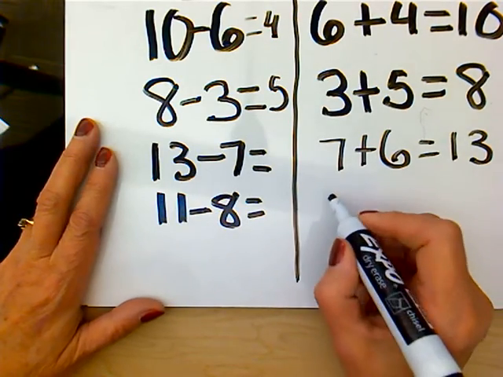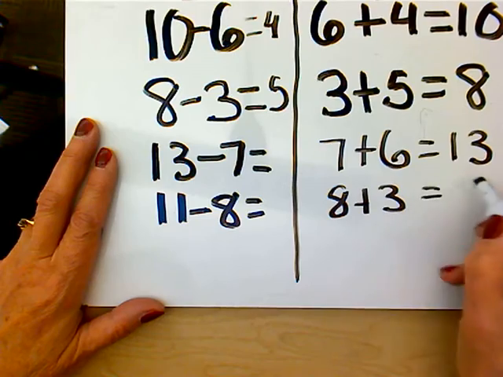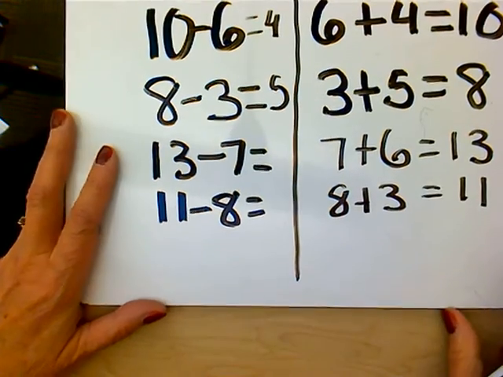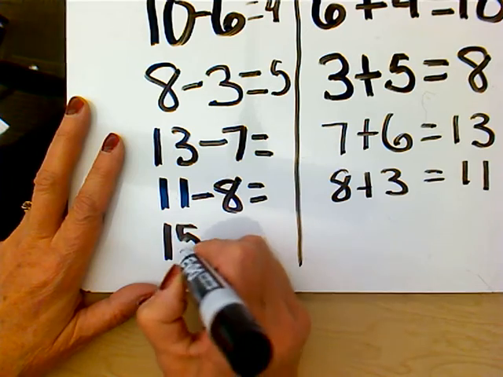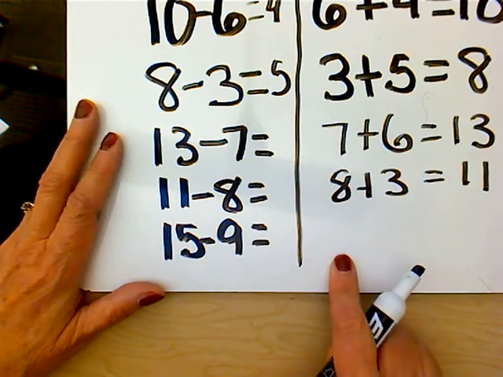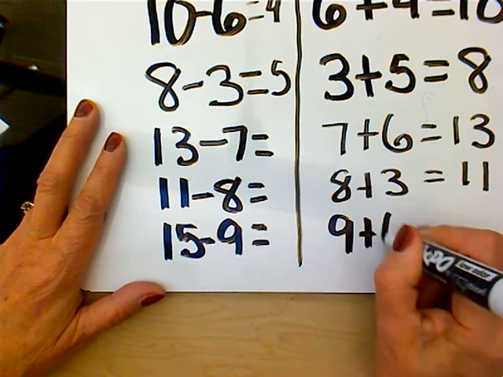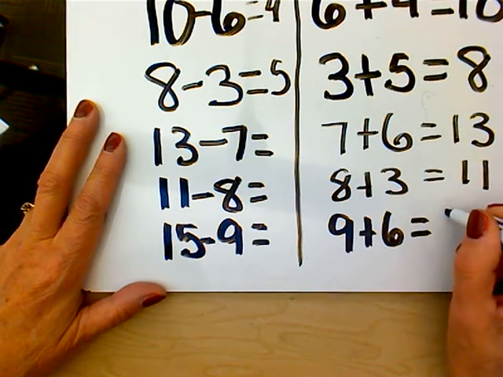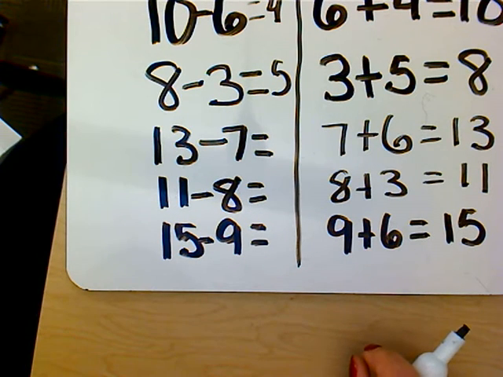Related fact would be 8 plus 3 equals 11. Okay, we'll try one more of these. So my fact is 15 take away 9. You're coming up with the related fact, which would be 9 plus 6 equals 15. All right, so that's how we work with related facts.